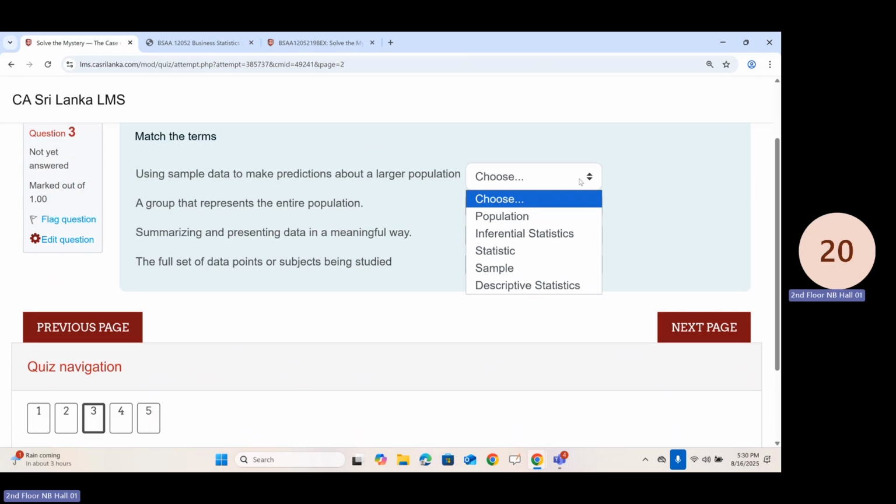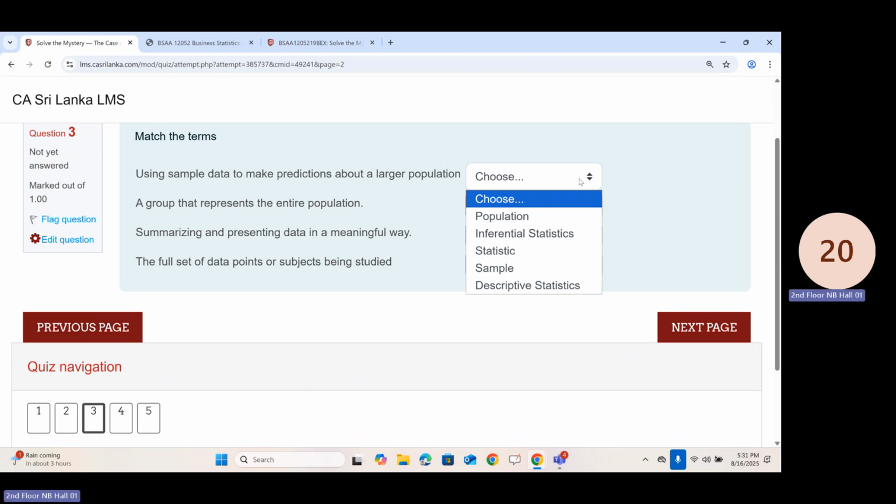There are some suggestions: sample, population, parameter. Using the sample data to make predictions about the larger population, we call that inferential statistics.